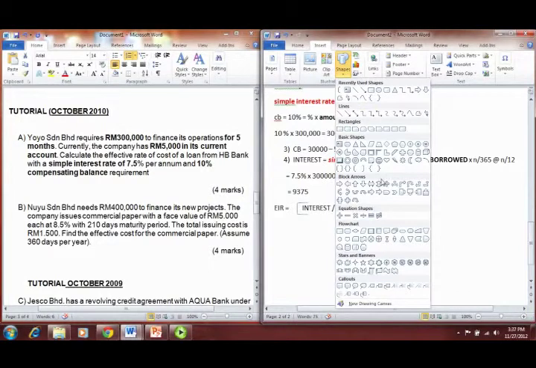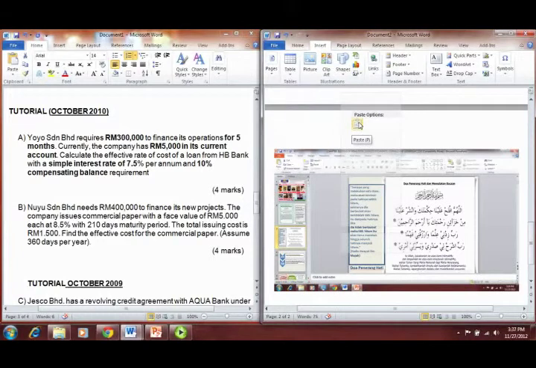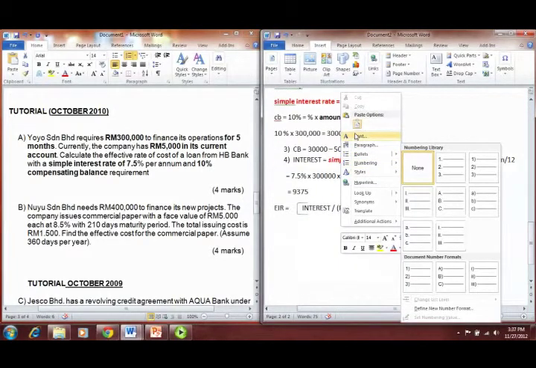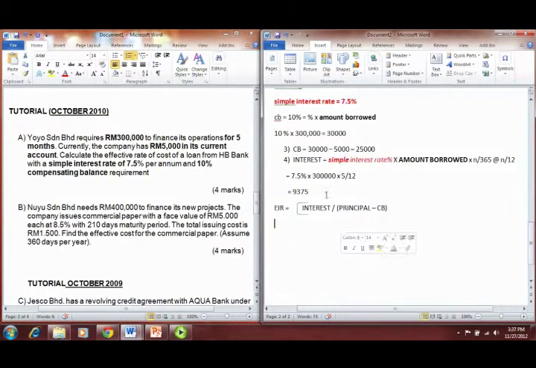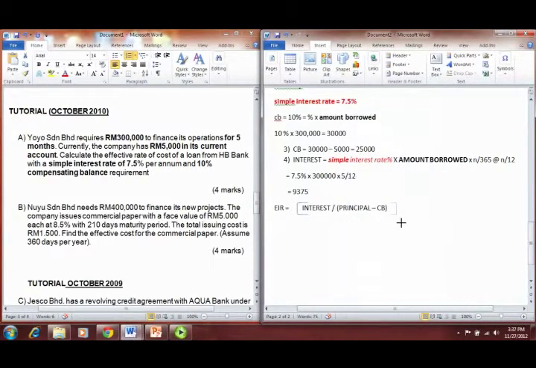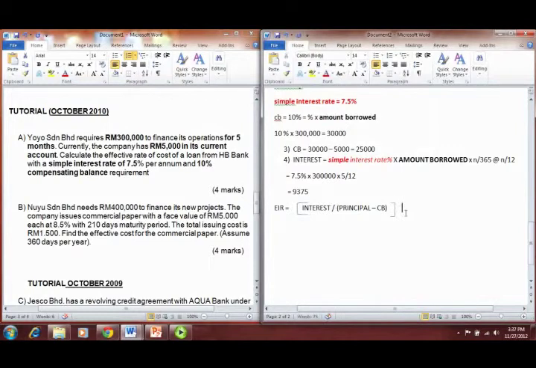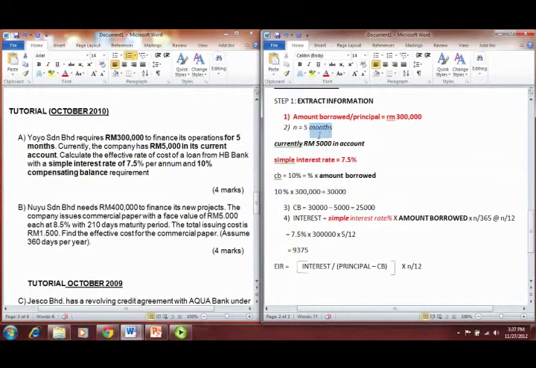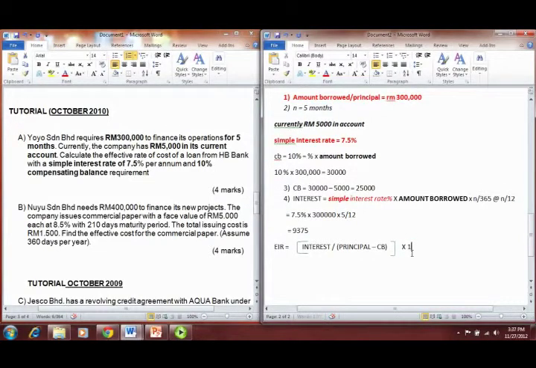Then don't forget, based on the formula, you need to times with your 12 over N. Remember, based on the question, you use months, so you can use 12 over N.